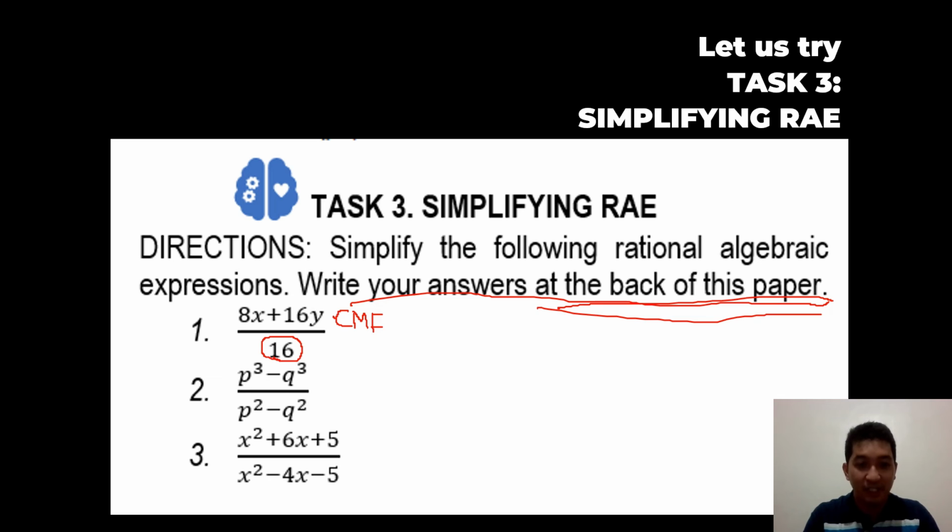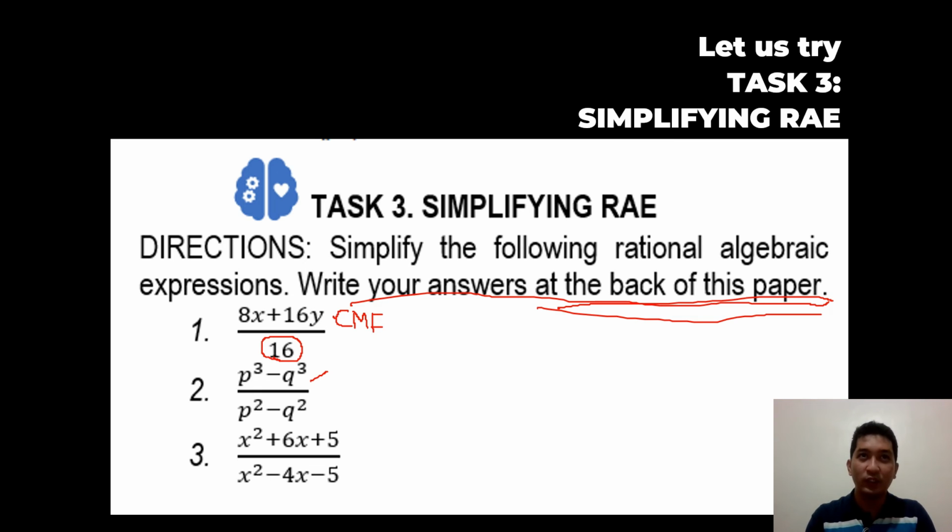P cubed minus Q cubed all over P squared minus Q squared. Very basic. Madaling-madali lang ito. Dahil parehong binomial ito. Una, i-check mo kung ito ba ay cube, perfect cube, or perfect square. So, una, dito sa numerator, ito ay cube.